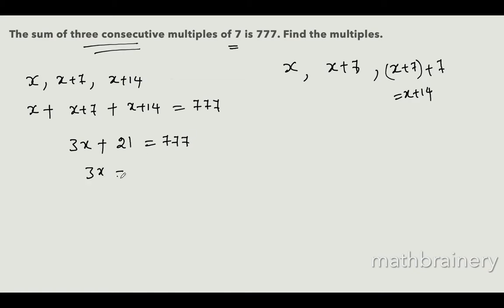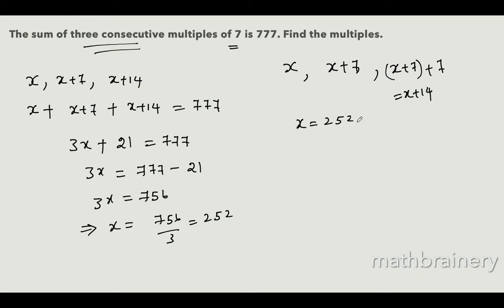That means your 3x is equal to 777 minus 21, transposing 21 to the right hand side. What is 777 minus 21? It is 756. So if 3x is equal to 756, your x must be 756 divided by 3, which is 252. So x is 252.